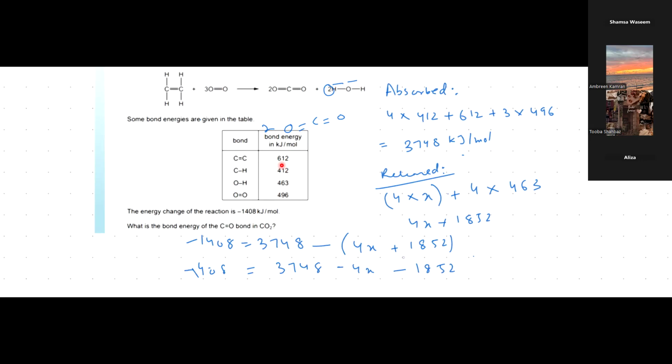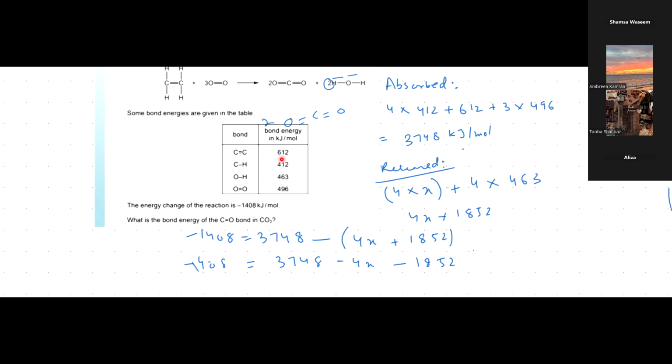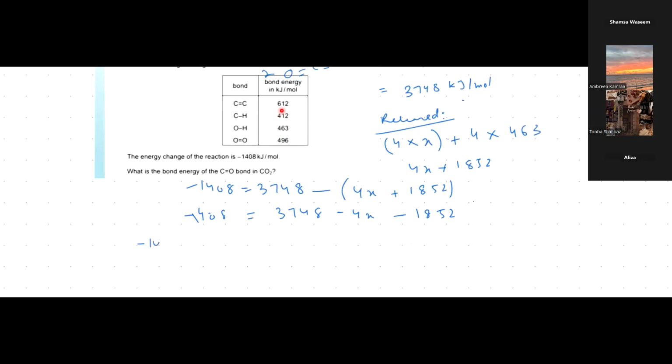Okay. So if we solve it further, what we will get here: minus 1408 minus 3748 is equal to minus 4x minus 1852. Or you can even just keep it over there.